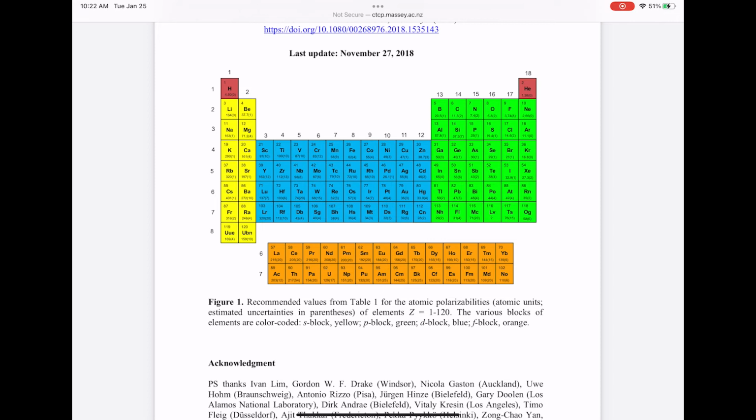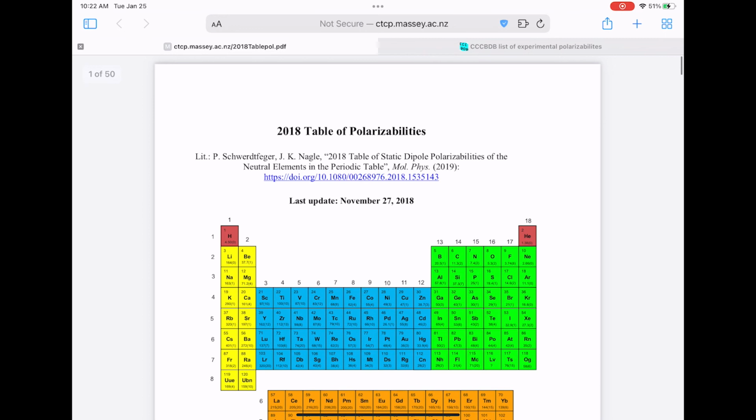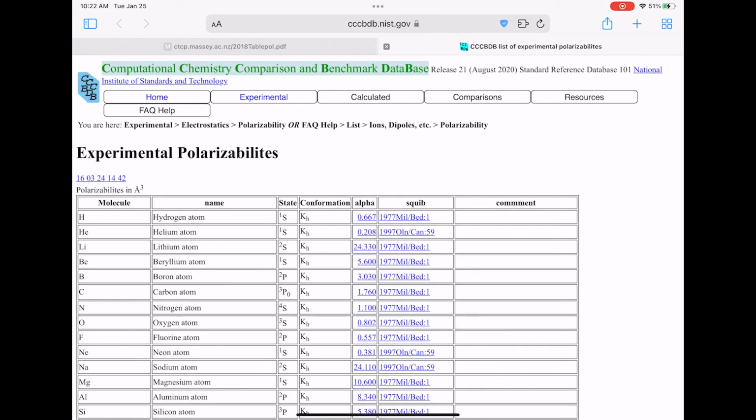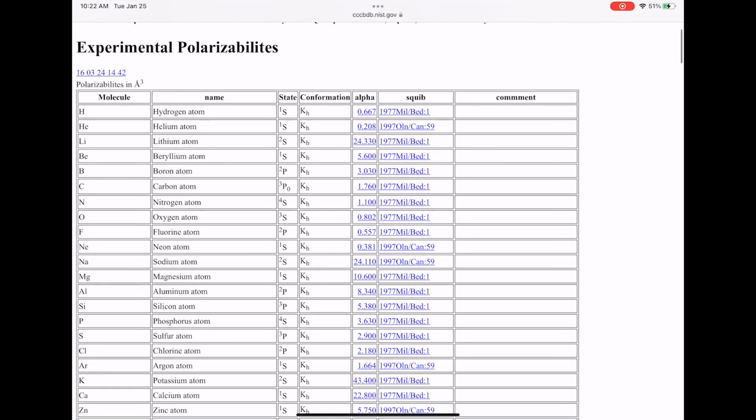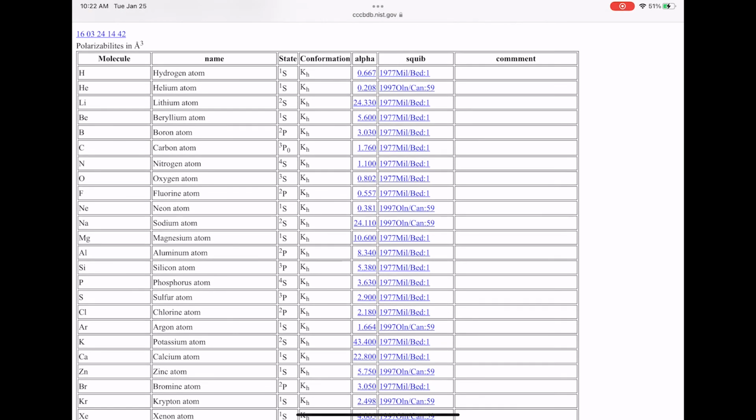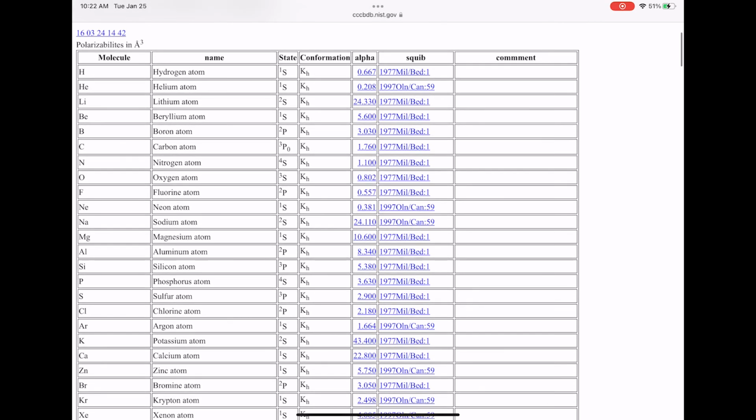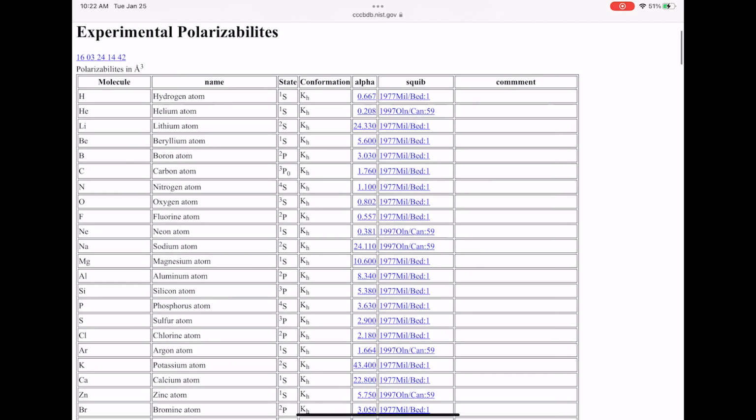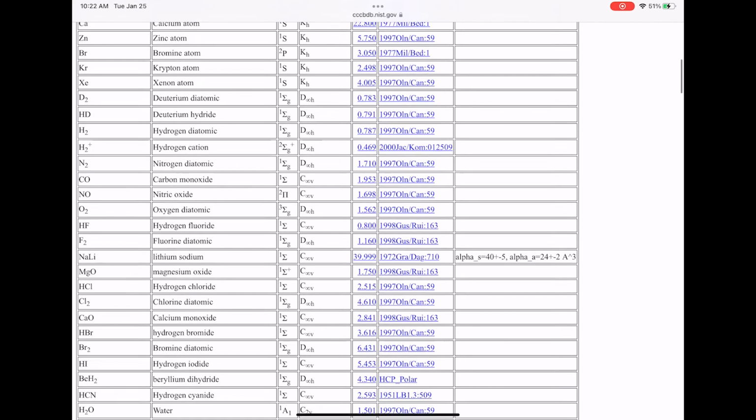There's another database of polarizabilities from NIST, the National Institute of Standards and Technology, and they list a lot of molecules and their alpha values, or the polarizability, in angstroms cubed, which is a common unit used for polarizability.